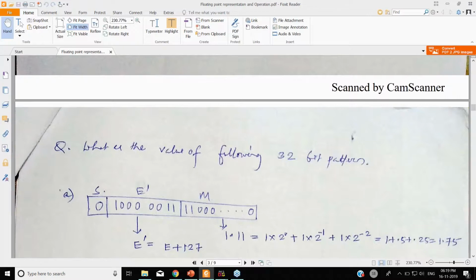While storing the exponent, it is always added with the bias 127. So what we have here, E dash is equal to 1, 0, 0, 0, 0, 0, 1, 1. This is 128 plus 2 plus 1, so 131. This is the exponent added with bias 127.